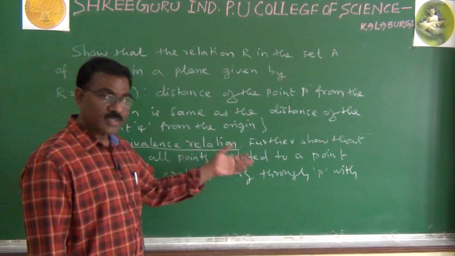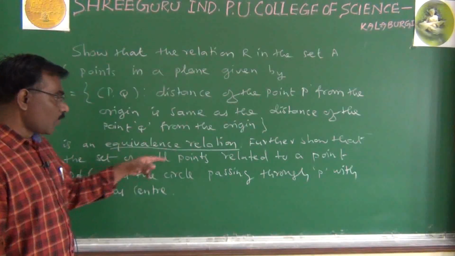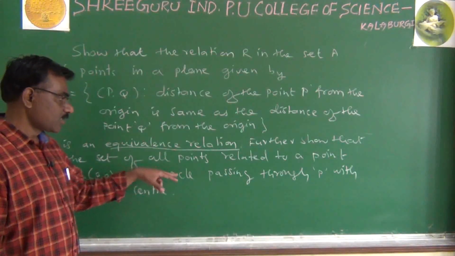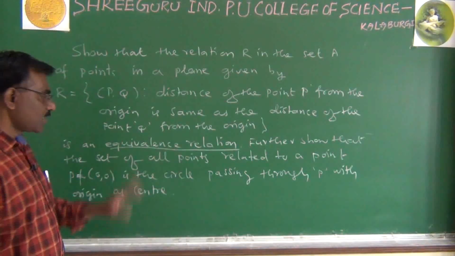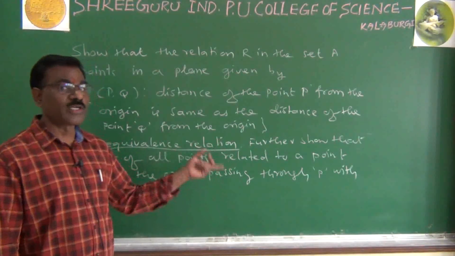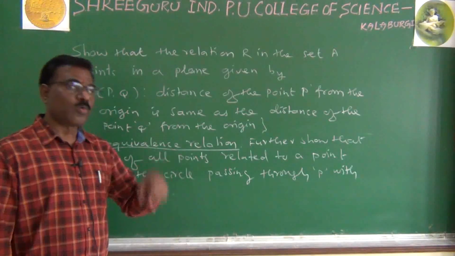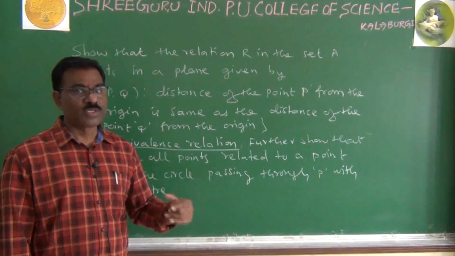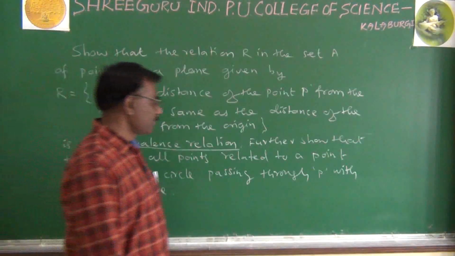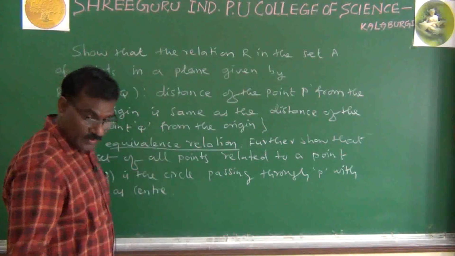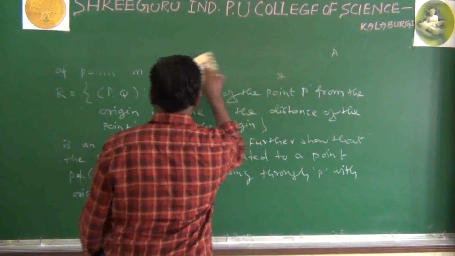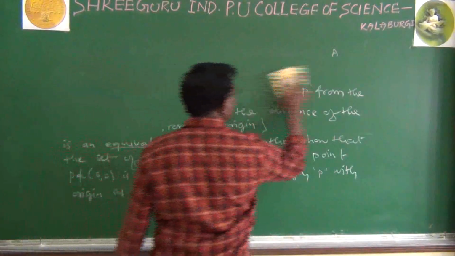Then one more further, the set of all points related to a point P is the circle passing through P with the origin as a center. You should take one more point on the circle, that point is related to P. Then the distance from origin is also the same. For example, I will explain that. First you have to prove equivalence relation.